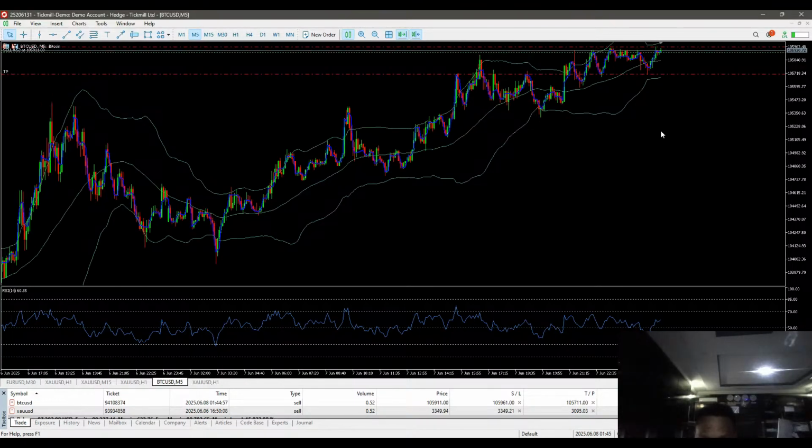So this is correct. You can also note that 50 pips on BTC is equivalent to 5,000 points. You can use it as a standard to do other calculations.